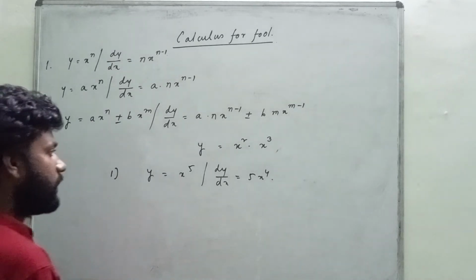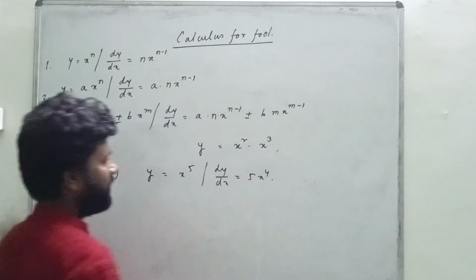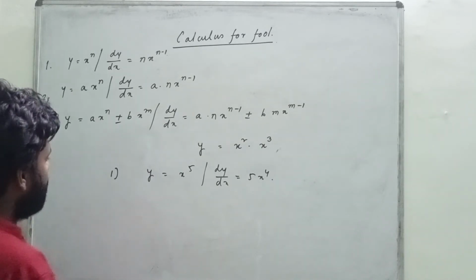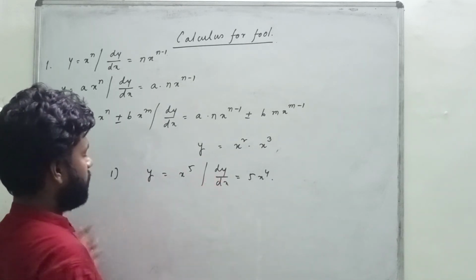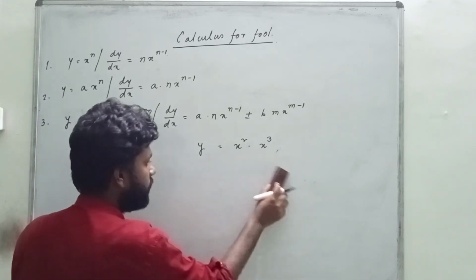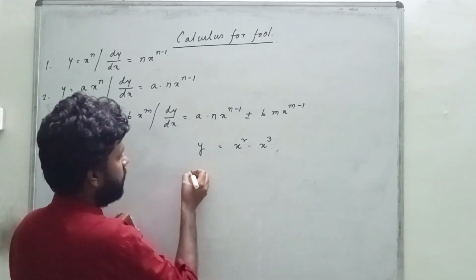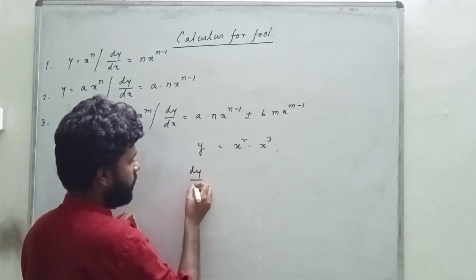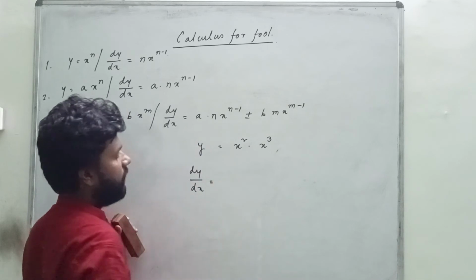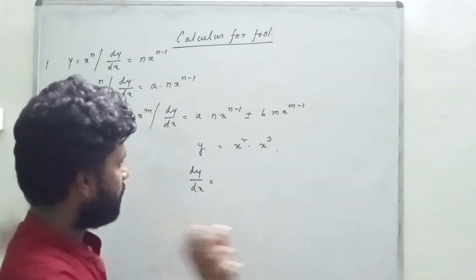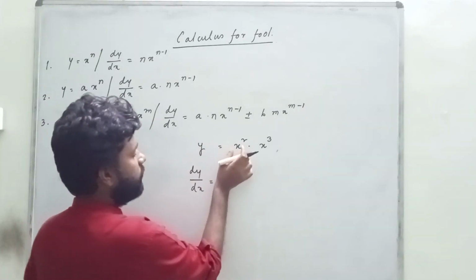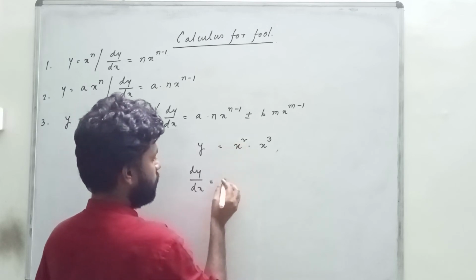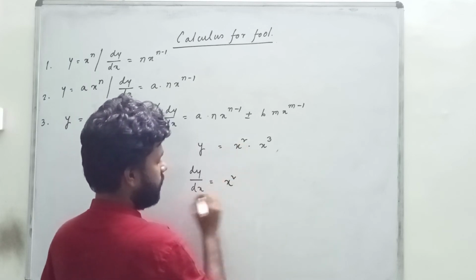Or if I introduce just another formula, right? This is one way, and the second way I can calculate it here. dy over dx. Okay. First of all, just listen. Fix x squared, right?